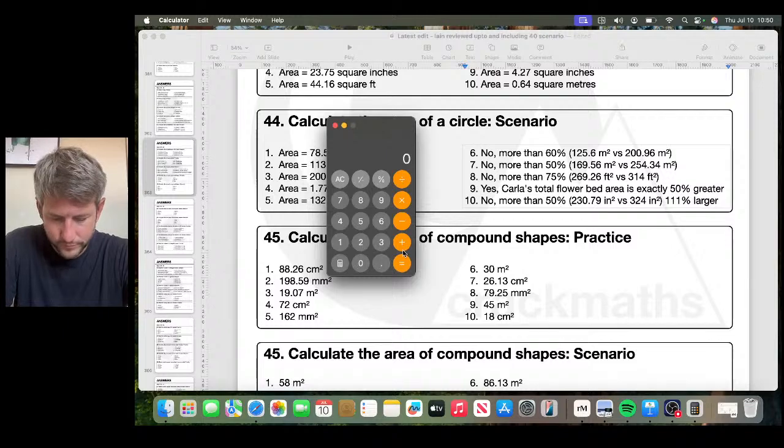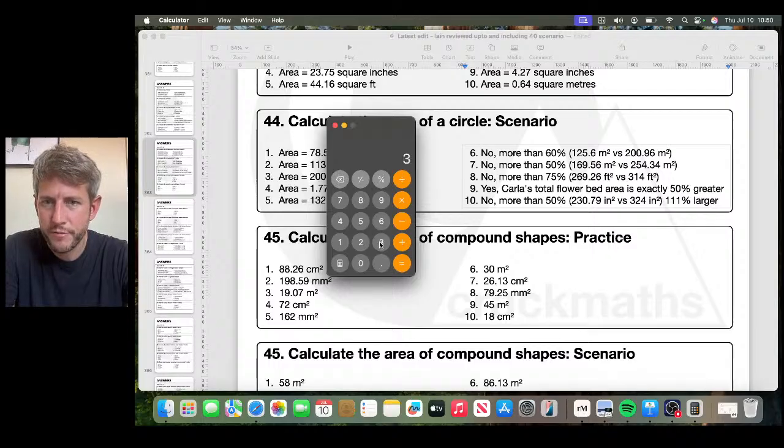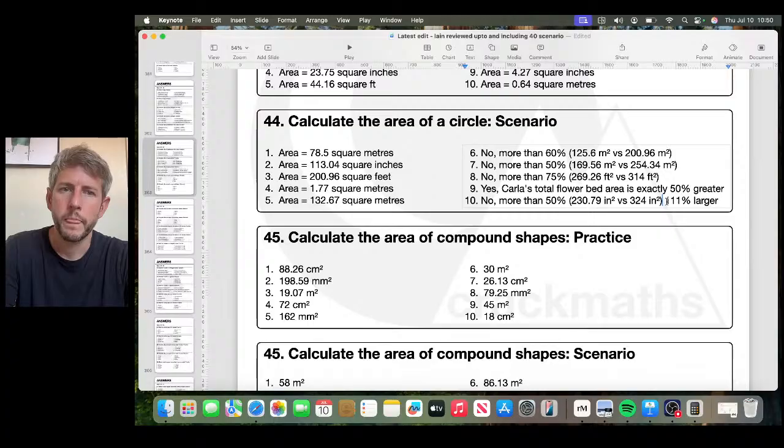So 111% refers to what it was beforehand. So 111% is 3.14 times 7 squared times 2.11. There we go.